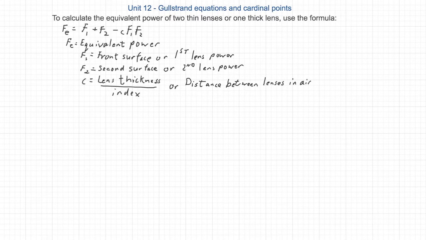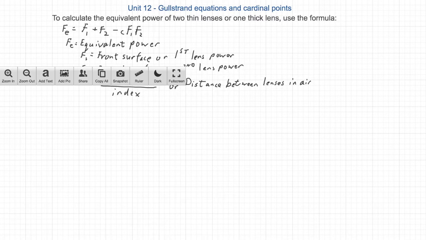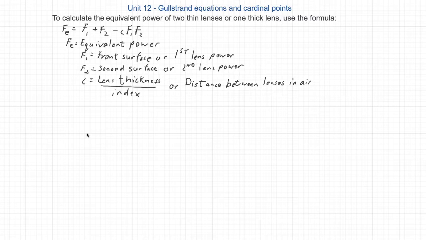F1 is the power of the front surface if you have a thick lens, or the power of the first thin lens if you have two thin lenses. F2 is the power of the second surface of a thick lens, or the power of the second thin lens. C is the lens thickness in meters divided by the index of the thick lens, or just the distance between the thin lenses, if they are in air.